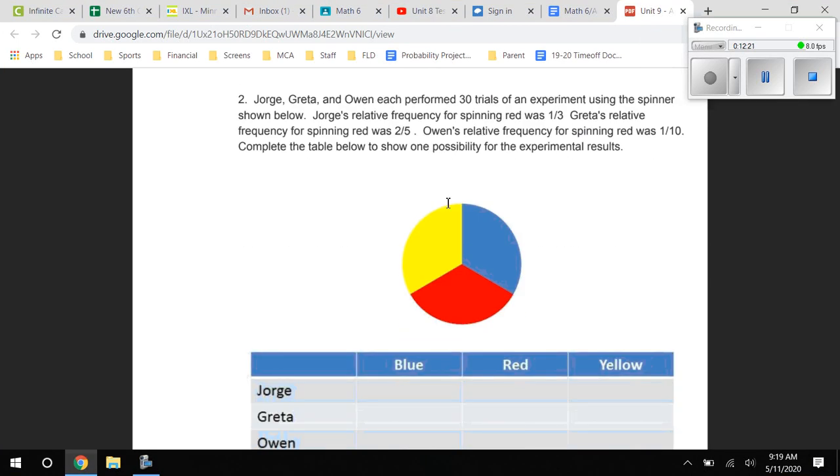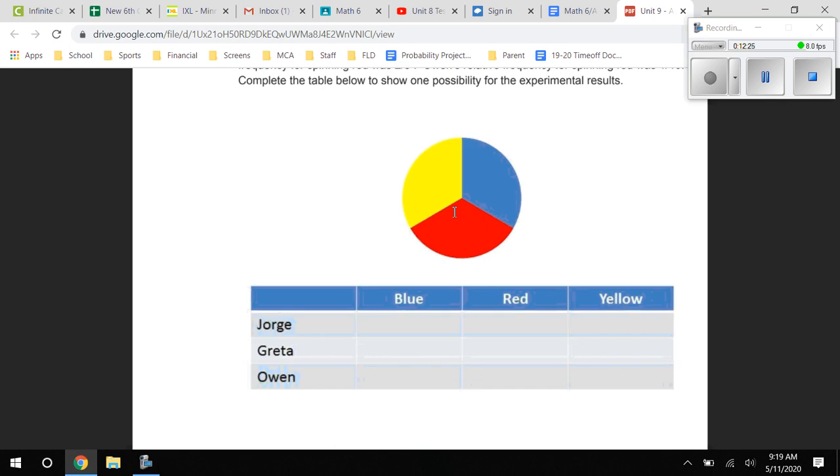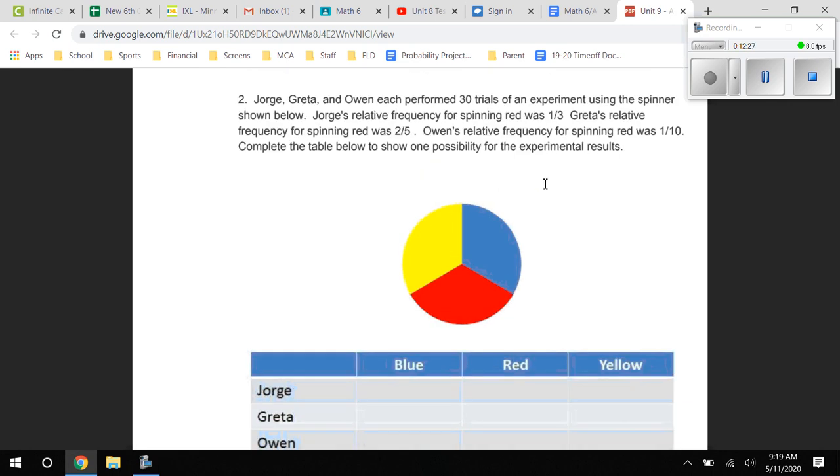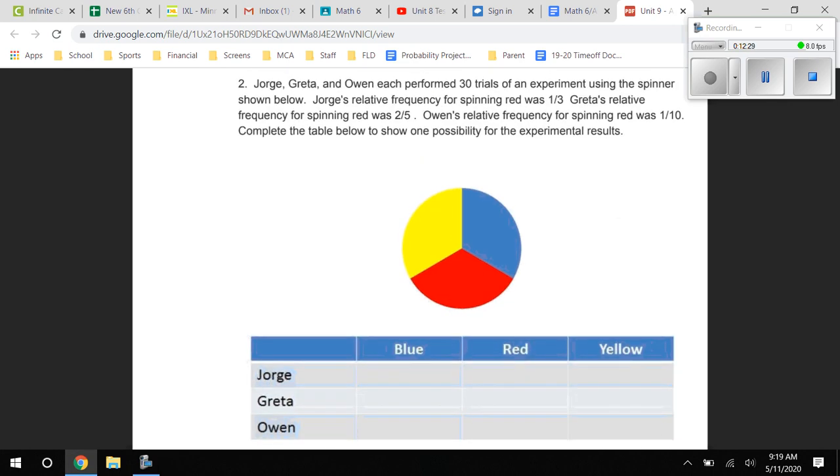Okay, let's see if I can get the whole thing on the screen here. That's pretty good. Jorge, Greta, and Owen each performed 30 trials of an experiment using spinners shown below. Jorge's relative frequency for spinning red was 1/3. So I'm just going to go ahead and write that in there.